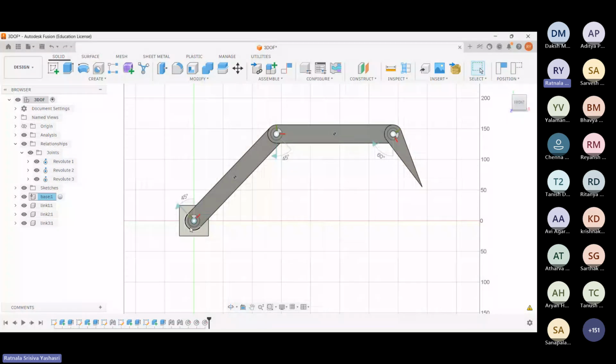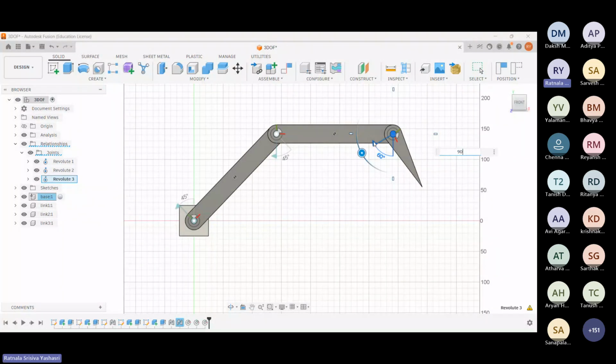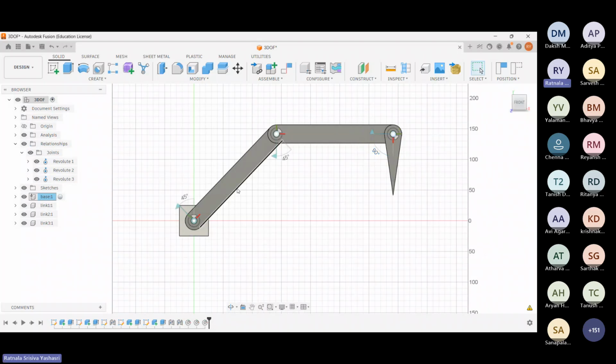This is clockwise and this is anticlockwise. And here 90. You can also check the link lengths. This is 20 centimeter, this is 20 centimeter, and this one's 10. Now, if I want to find the end effector position, you can see the vertex x is at 34.14 centimeter and 4.14 centimeter. So our math was correct.